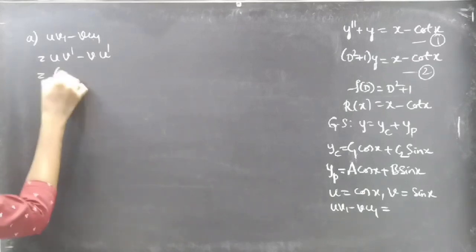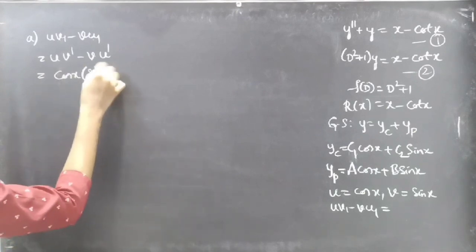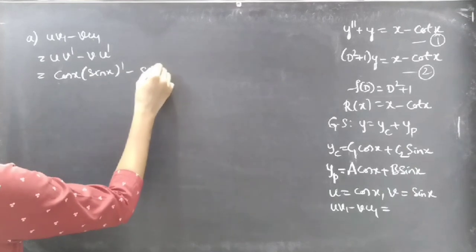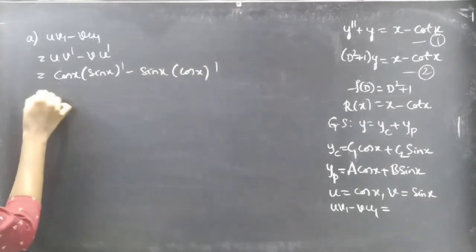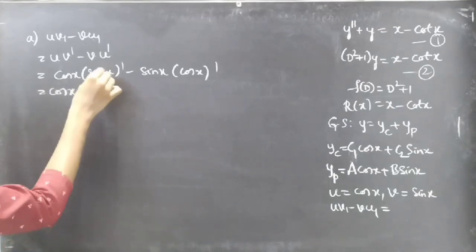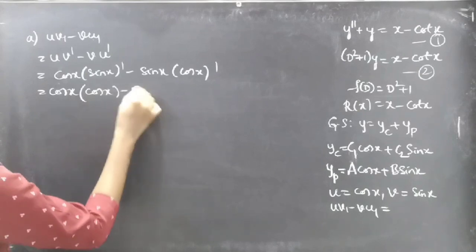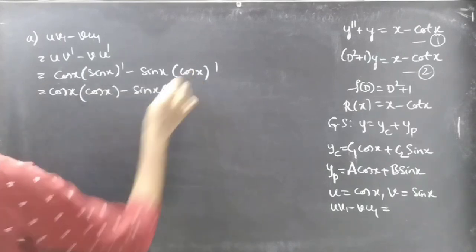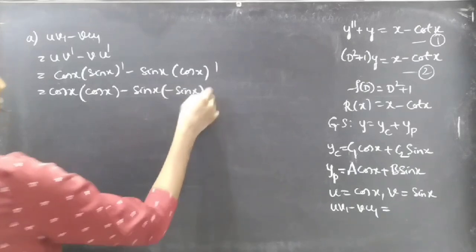This gives us u, cos x, into v dash, sin x dash, minus v into u dash. This gives us cos x into derivative of sin x with respect to x is cos x, minus sin x into derivative of cos x with respect to x is minus sin x. Right?